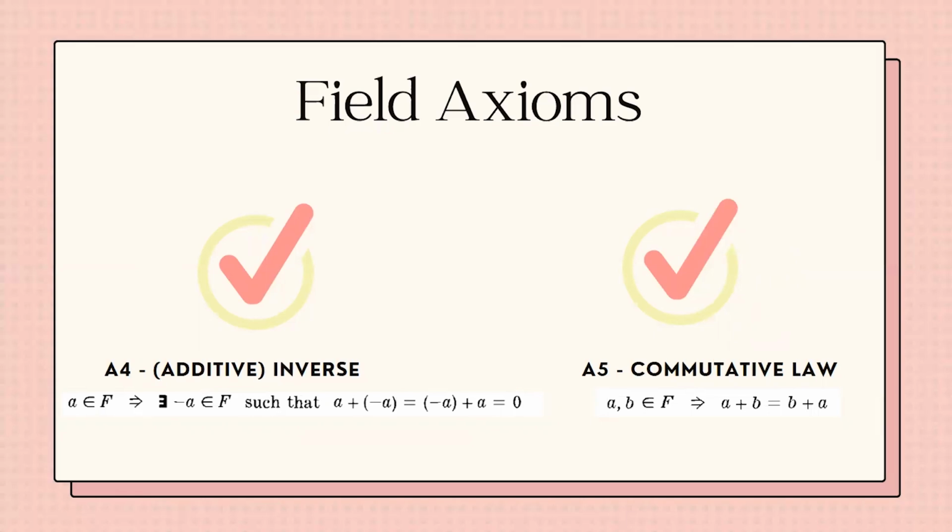Then we have a and b, which are elements of F, such that a plus b is equal to b plus a. This property is what we call the commutative law, or this property is the basis of the group and is also known as the abelian or commutative group.